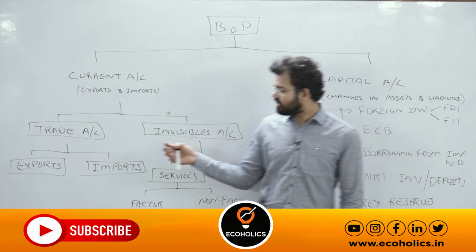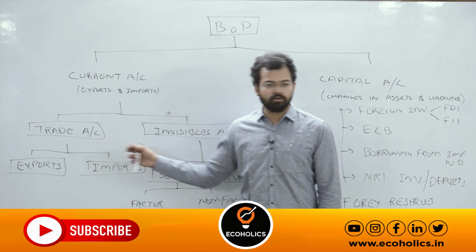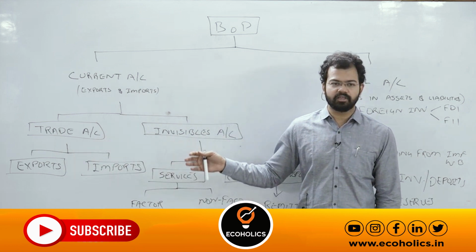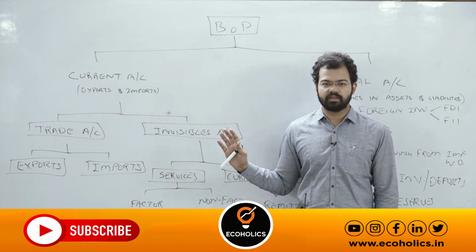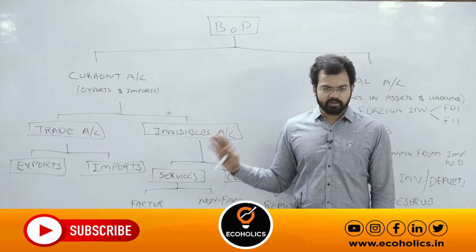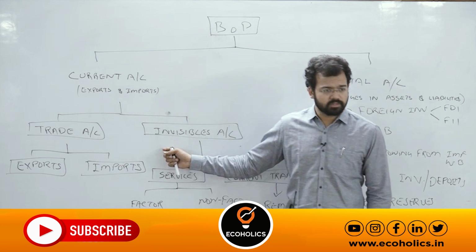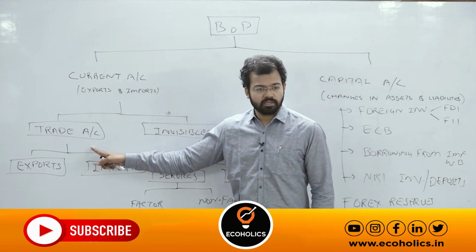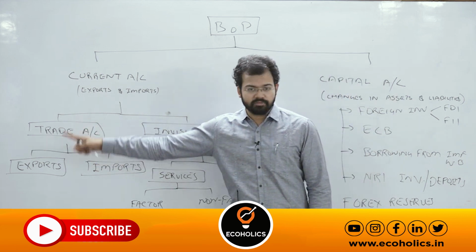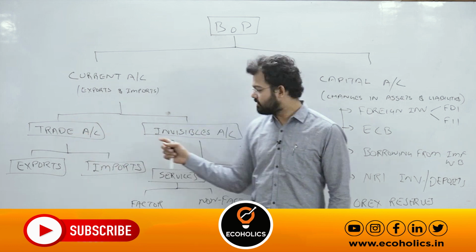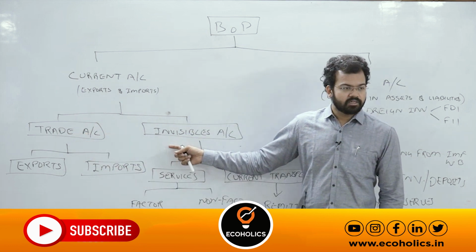If there is a mismatch between trade account and invisible account, just listen carefully, I'll make you write. You are here for the explanation. Just listen, focus on the board. Trade account and invisible account. In trade account, it means goods which are traded, merchandise. Here invisibles means trade in services.